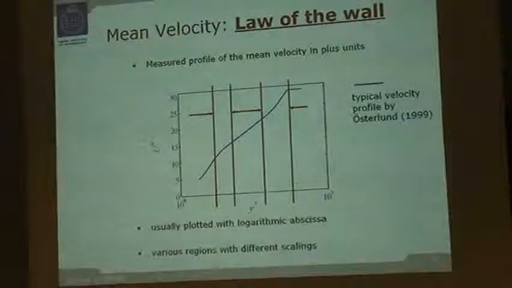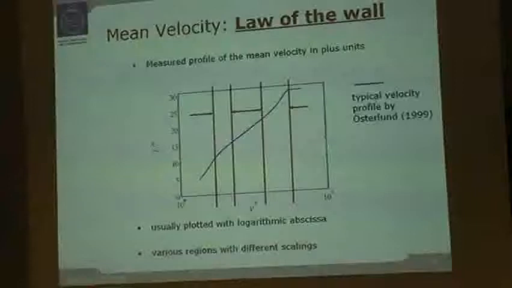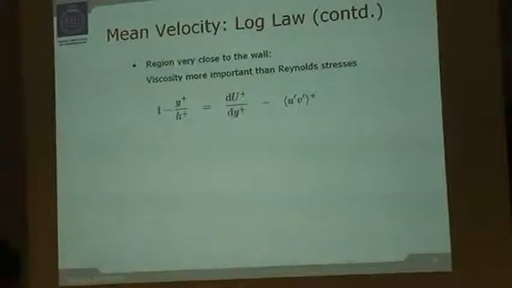Essentially, we want to cut this profile into various parts, and come up with different scalings for these various regions. Again, the important thing was that in a region very close to the wall, viscosity is important. Reynolds stresses are not as important. Essentially, we can just set these to 0, since we're close to the wall, where they are small.